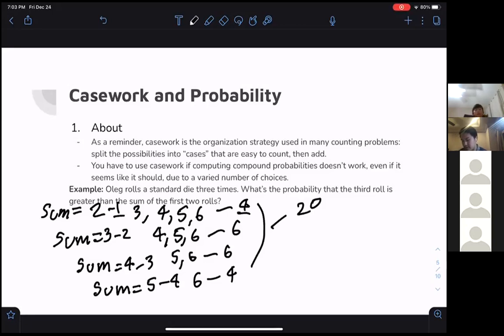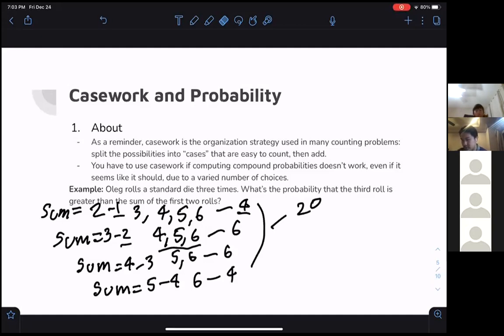For the sum of 3, you can get 1 plus 2 or 2 plus 1, and then there are 3 choices for the die. So 2 times 3, 6. For the sum adding up to 4, we have 3 ways for that: 1 plus 3, 2 plus 2, and 3 plus 1. Be wary of the fact that you can swap the numbers on the die if they are different. In that case, there's 3 ways to roll the sum and 2 ways to roll the die, also giving us 6.